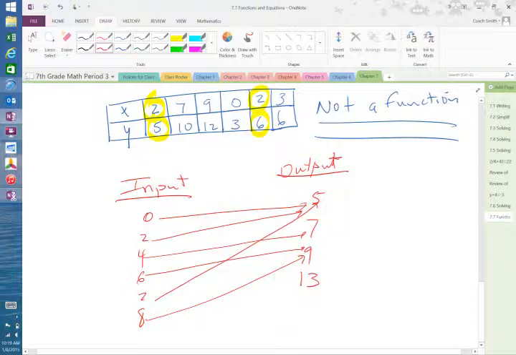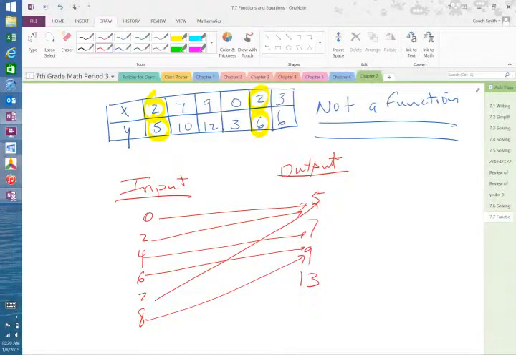Okay? Now, here's the point I'm trying to make. Several inputs can have the same number for an output. Okay? For example, if I was saying y is equal to 0 times x, then what are all your outputs? 0.